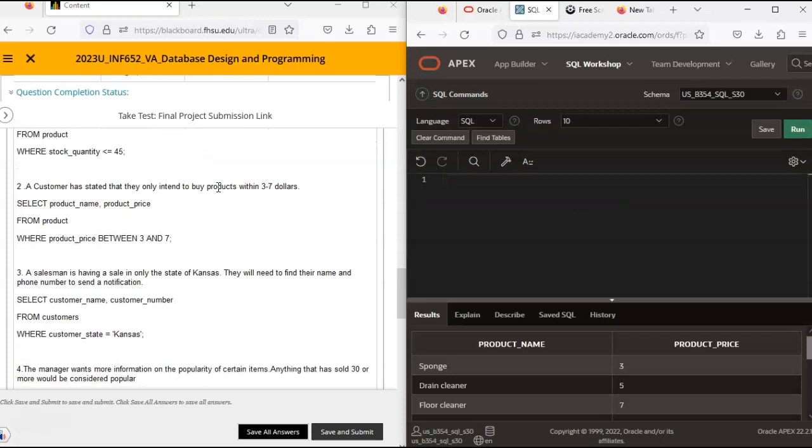The salesperson is having a sale in only the state of Kansas. So if you were to send out a newsletter, you would need the customer's name and customer's phone number from the customer's table where the customer's state is Kansas.